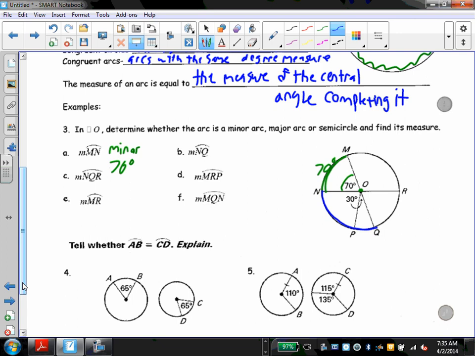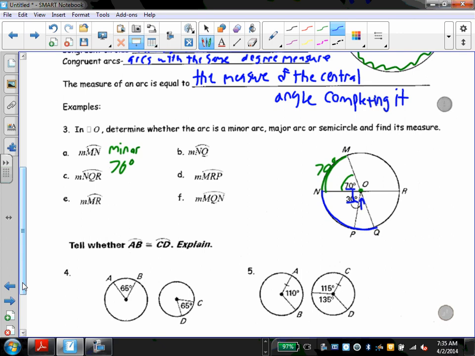Now, we know that this little guy here is 30 degrees, but we don't know what this one here is at the moment. Thing is, MOQ is creating a semicircle, and semicircles have 180 degrees. So, if we know that we have 70 degrees from here and 30 degrees from here, that means that the angle that we're missing has to complete the 180 degrees.